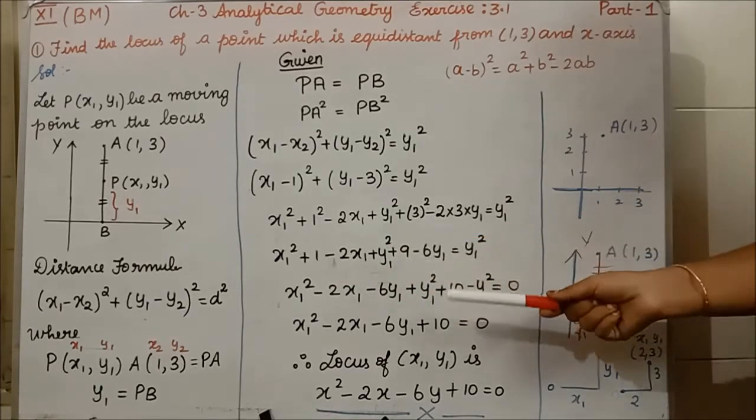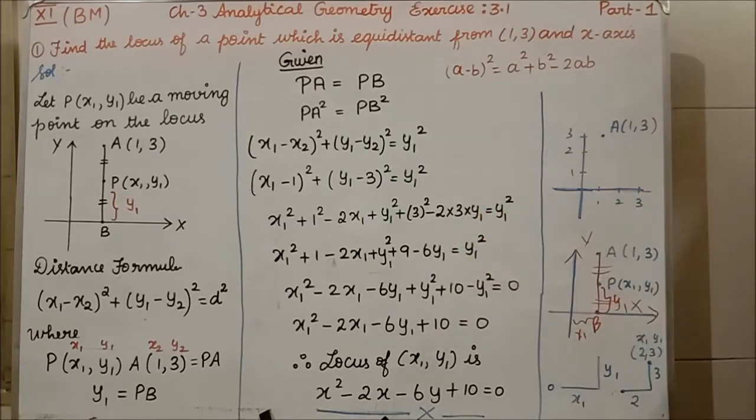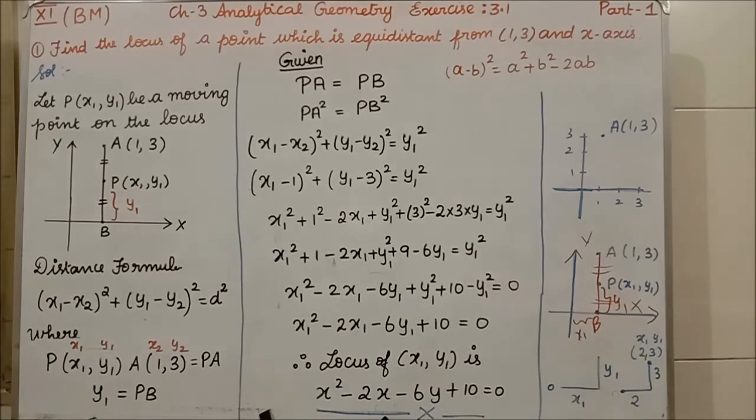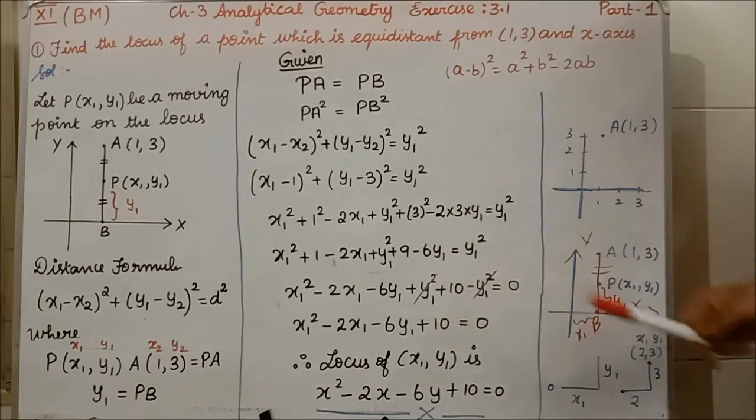So 9 plus 1 is what? 10. I am taking the y1 square inside. So if I take y1 square inside, we are having minus y1 square and plus y1 square. See, both will be cancelled. So what is left remaining? X1 square minus 2x1 minus 6y1 plus 10 equal to 0.